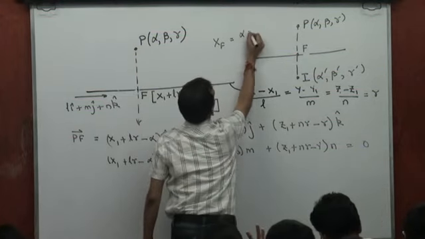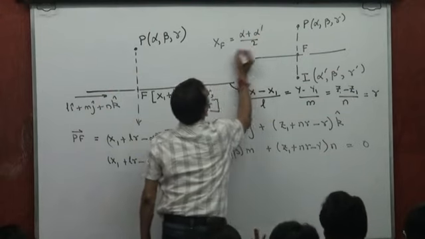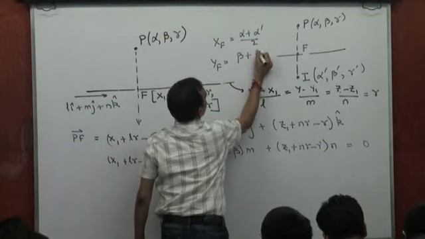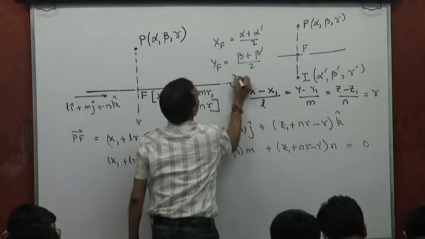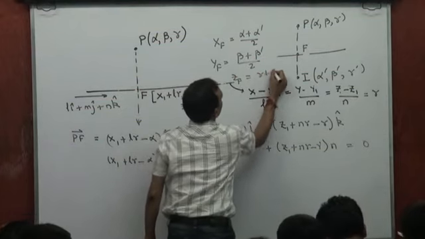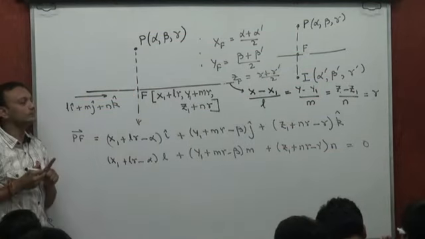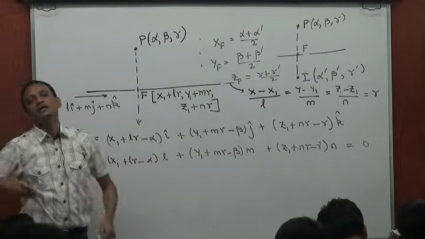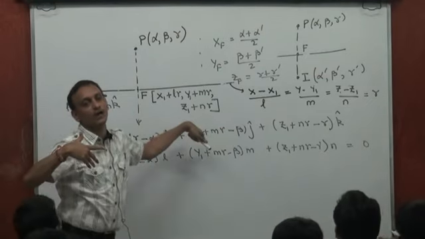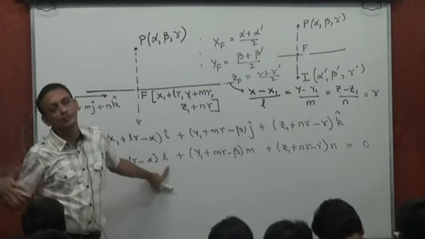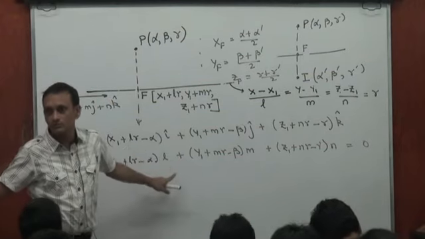Similarly, y of F is going to be (beta plus beta prime) by 2, and z of F is going to be (gamma plus gamma prime) by 2. So you would also know the image of the point P with respect to the line once you've obtained the value of r from this dot product. Clear?